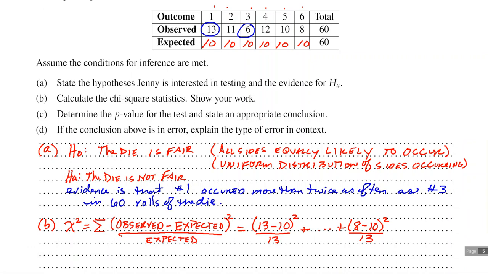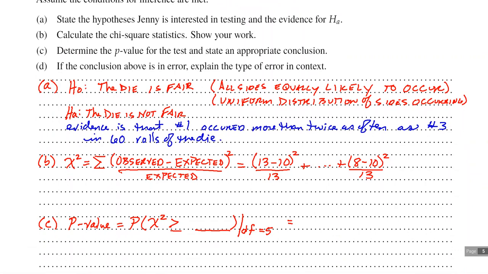If we did all of these summations, that chi-square value was 3.4, and the probability of getting a chi-square value of 3.4 or more when the degrees of freedom is 5 is 0.6386.